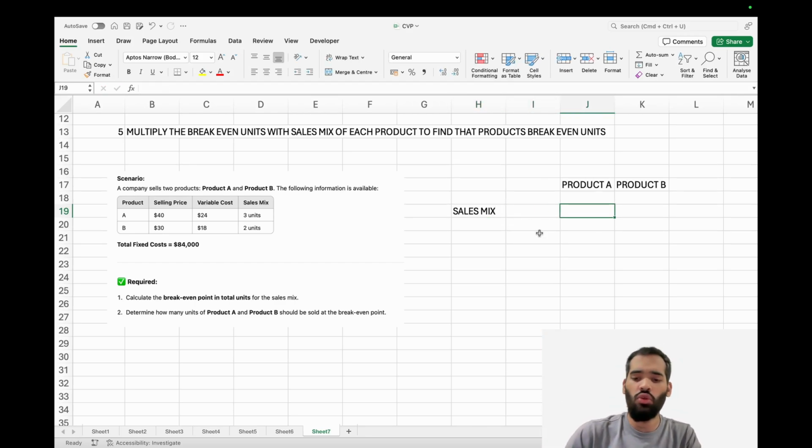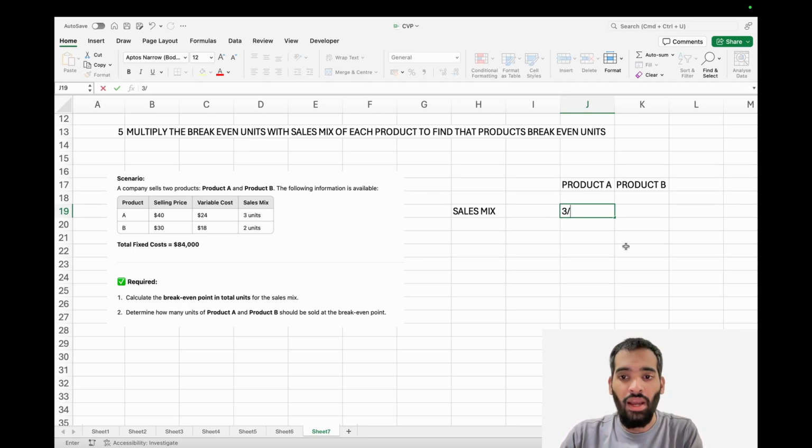So there's an easy way to do this, which is if you notice they're telling you sales mix is for every 3 units in product A, we will be selling 2 units of product B. So that's kind of what the sales mix is, but this is not in percentages. How do you convert that into percentage? Pretty simple. You divide the units of the product, which is A, in this case 3, by the combined units we are going to sell to get 3 over 5.